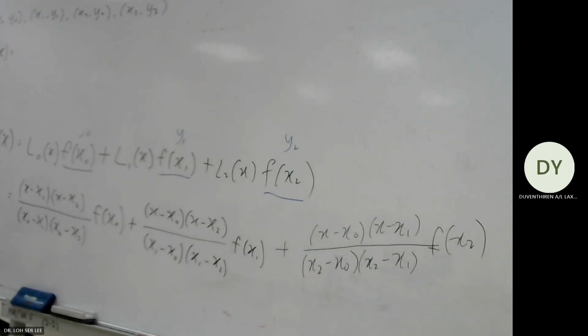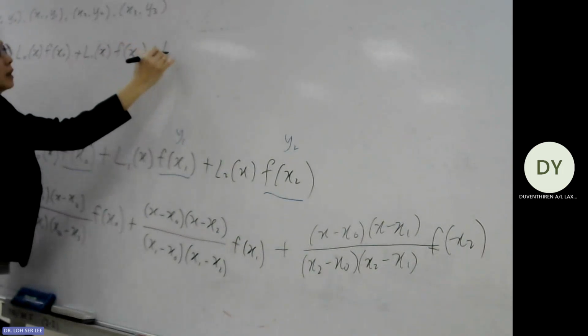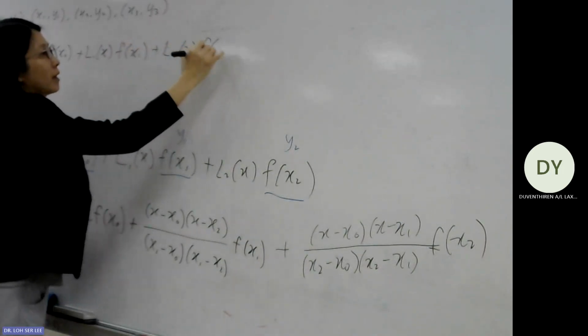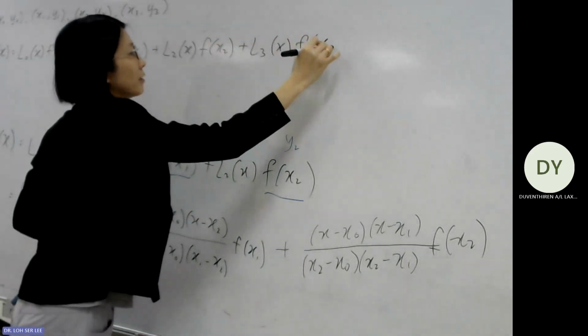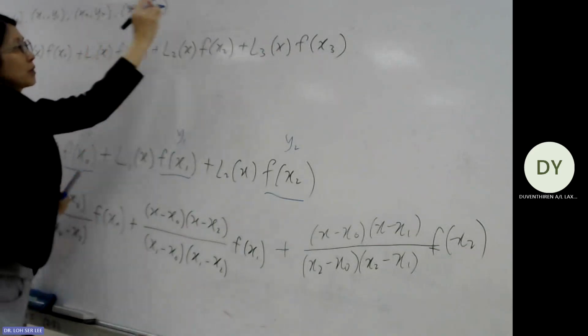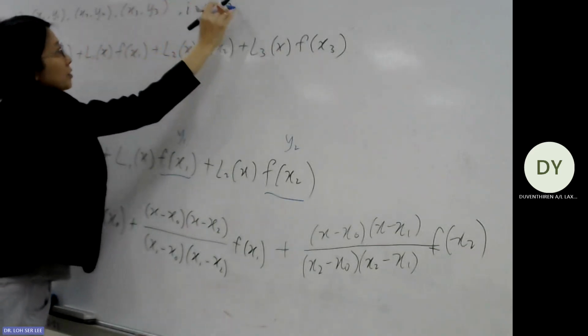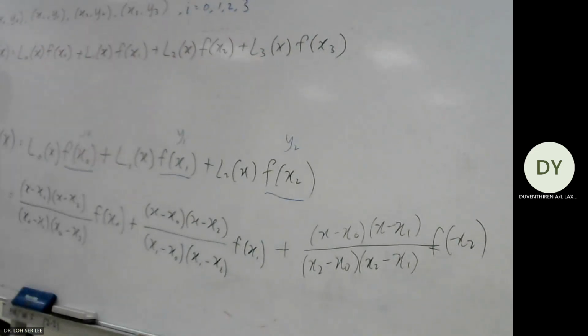I always start from 0. So L0(x) f(x0), L1(x) f(x1), L2(x) f(x2), and L3(x) f(x3), because your i starts from 0 up to 3. i is 0, 1, 2, 3. So we have these 4 terms.